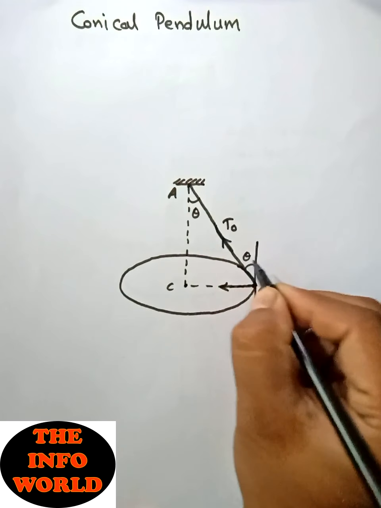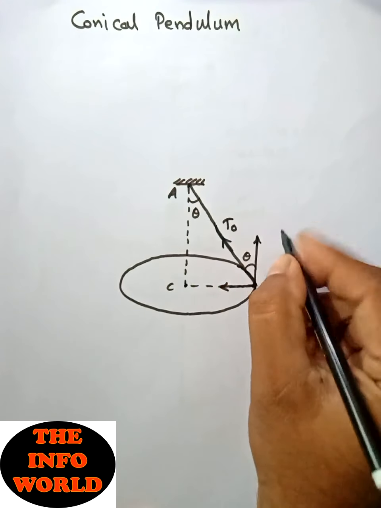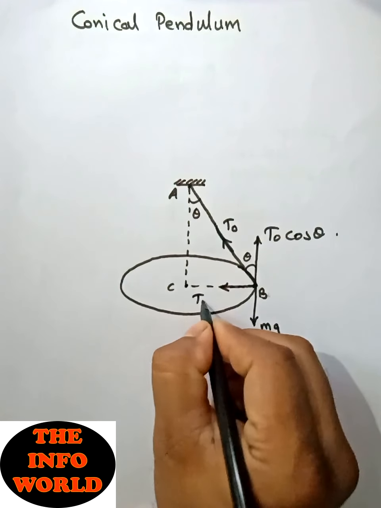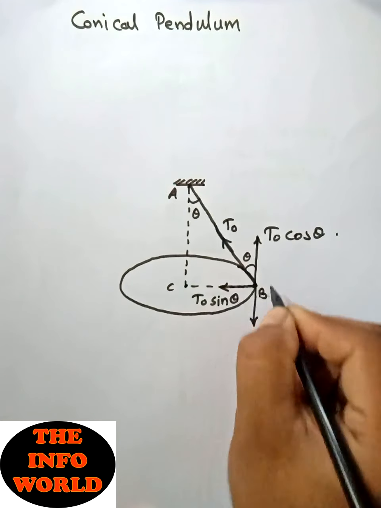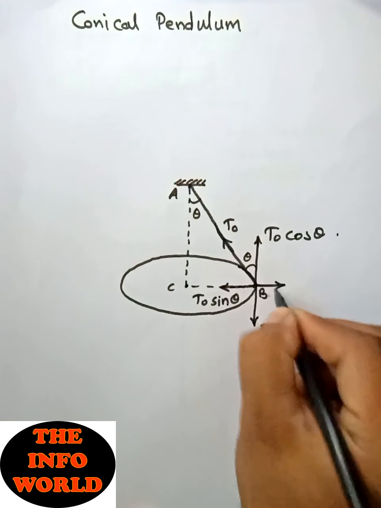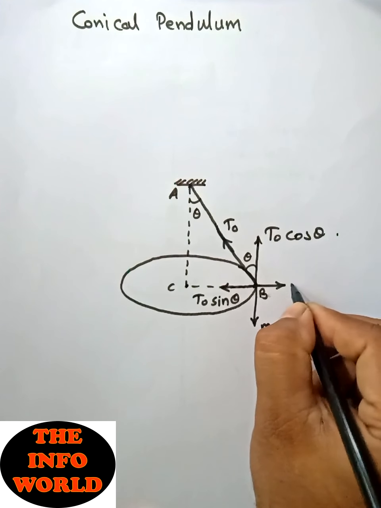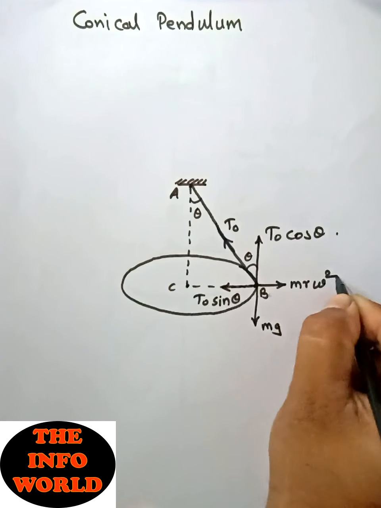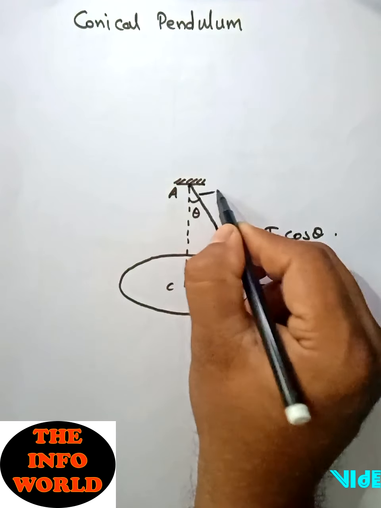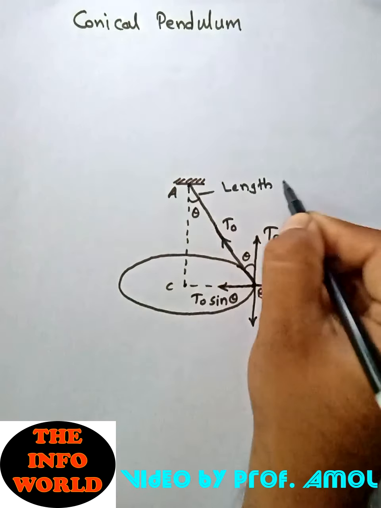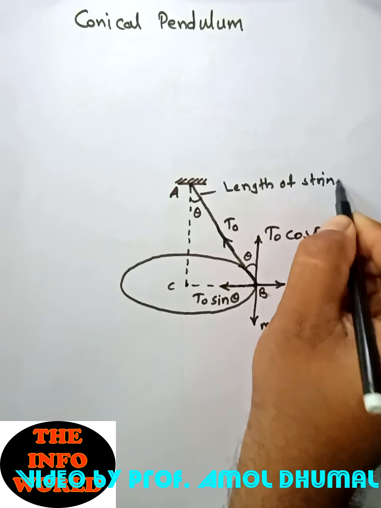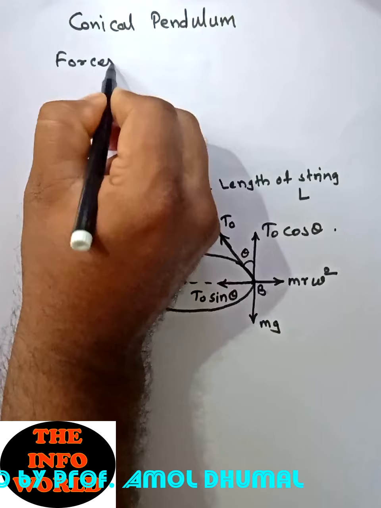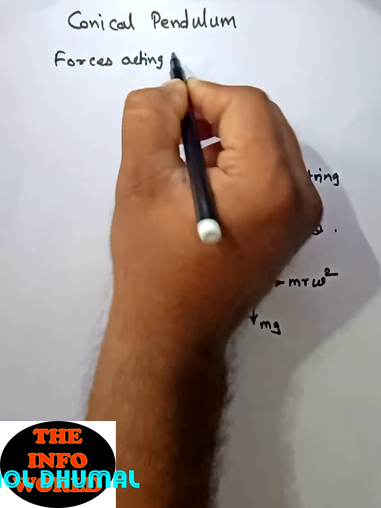This is angle theta, so its vertical component is T0 cos theta, its horizontal component is T0 sin theta, and a centrifugal force acts on the bob, away from the center, that is m r omega square, and the length of the string is L.